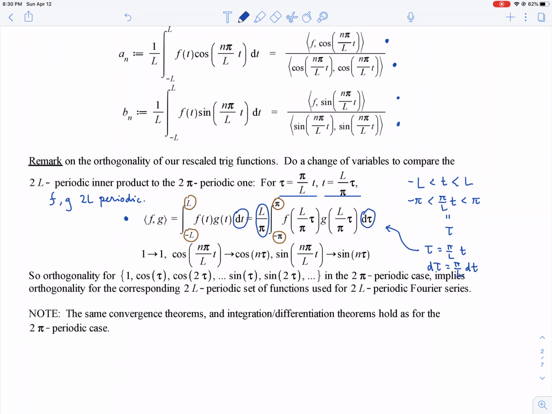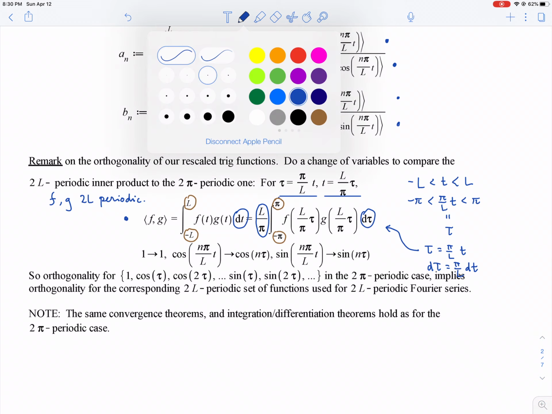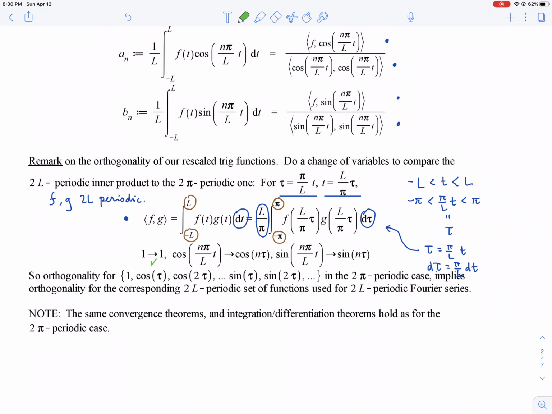What we've got on the right is L over pi times the inner product for 2 pi periodic functions. And under this change of variables, the one function goes to the one function.